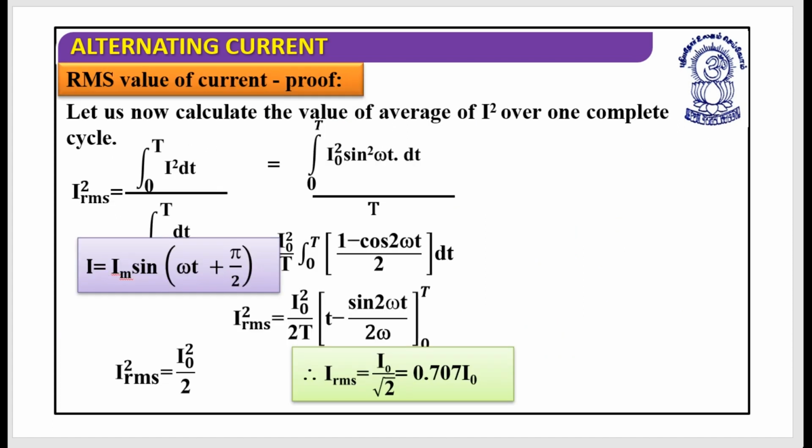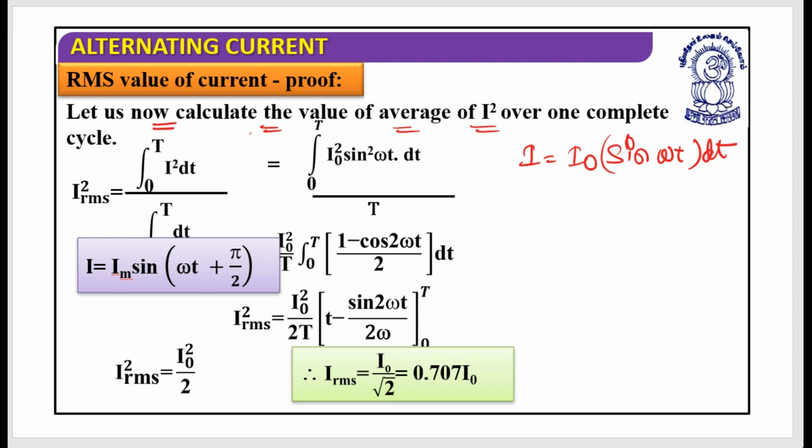Now let's look at this. Let's suppose I am having a current I equals I naught sine omega t. Let us now calculate the average of I square.